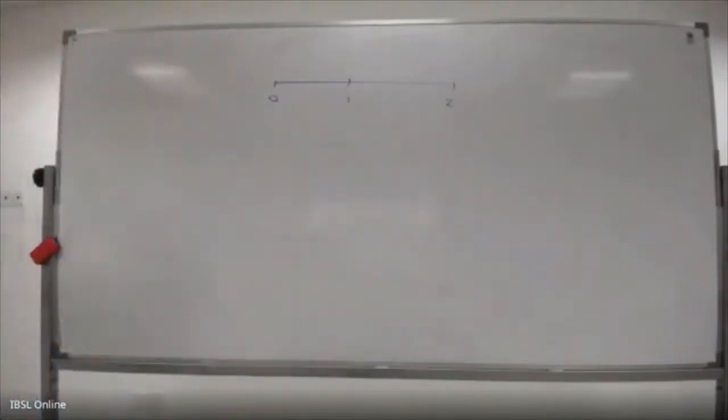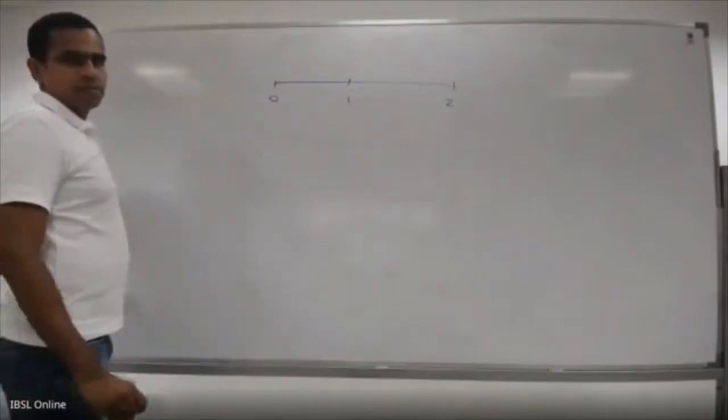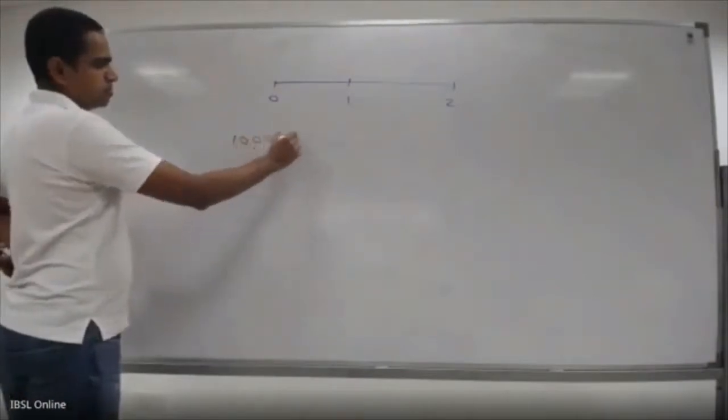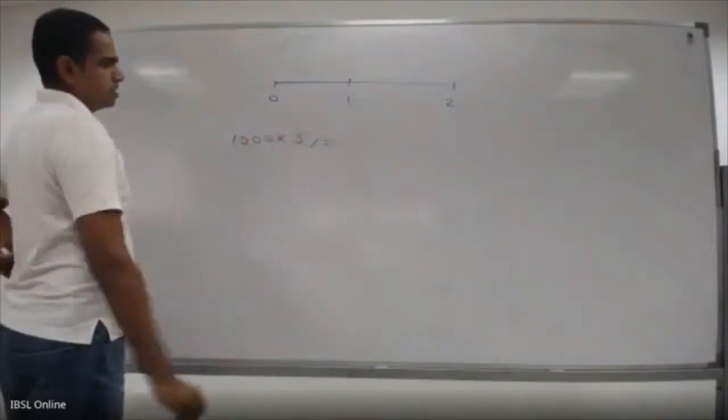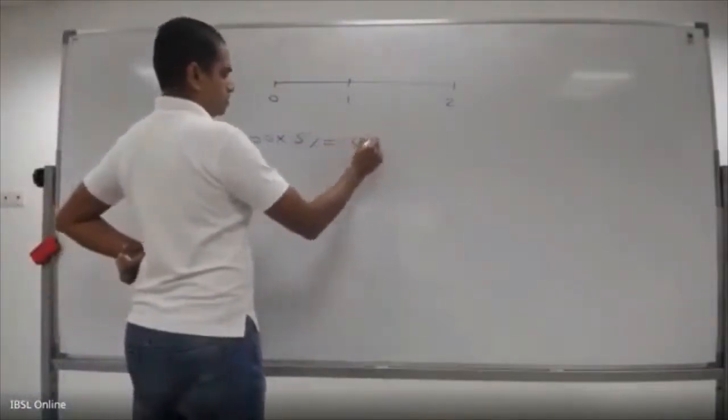So $1,000 has been invested. Rate is 5%, meaning every year it will give you a coupon of 50. Right? So every year you get a cash flow of 50.